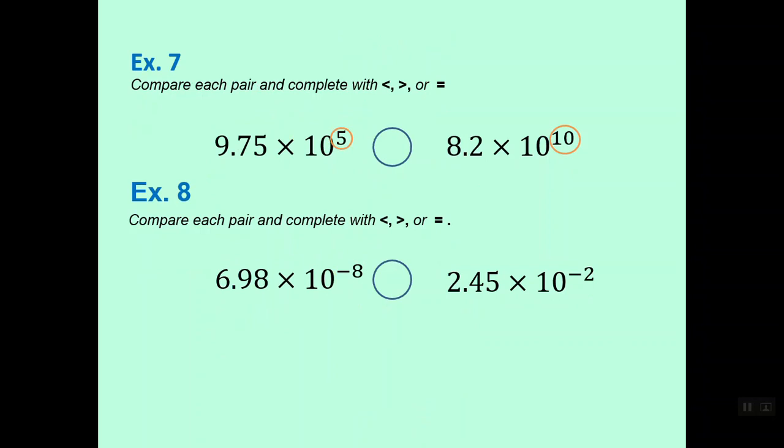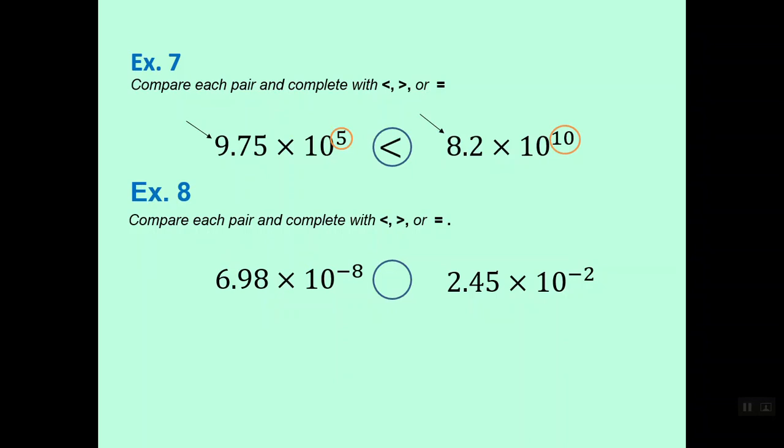Don't be fooled. Don't look at the factors. Here, 9.75, yes, it's bigger than 8.2, but you are going to always look at those exponents first. So 9.75 times 10 to the 5th power is less than 8.2 times 10 to the 10th power.